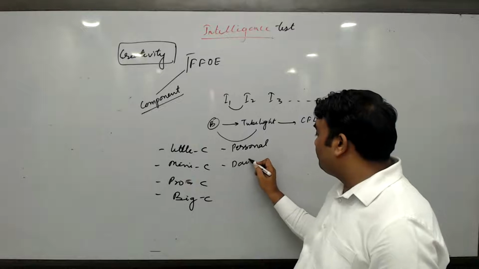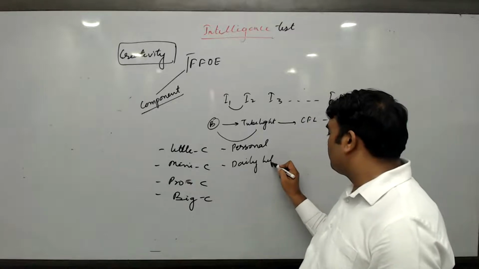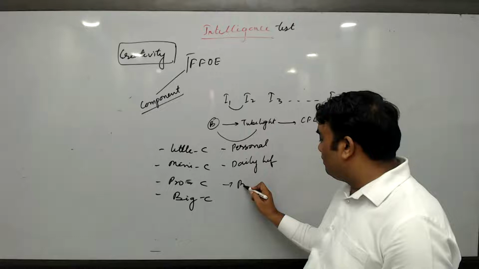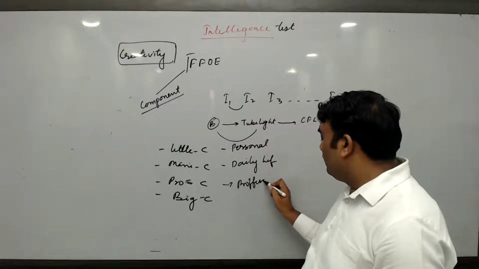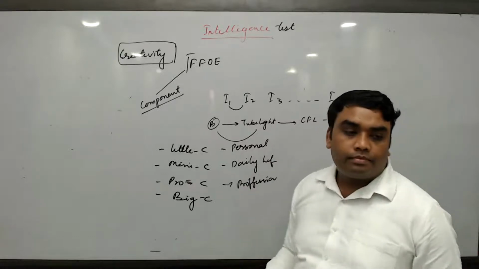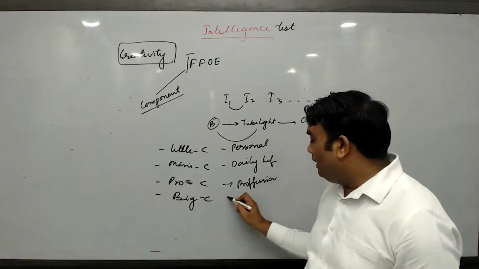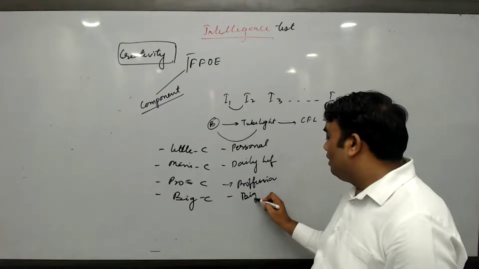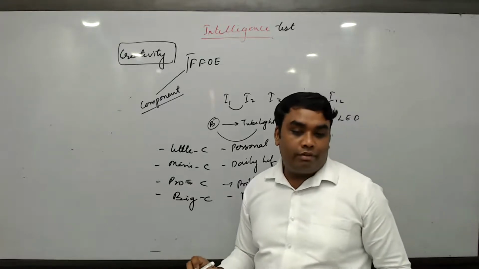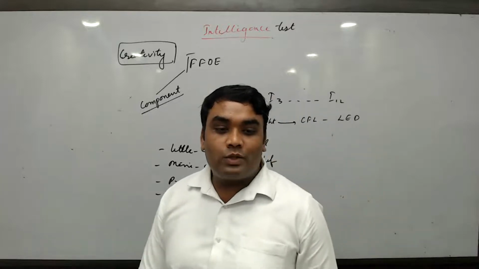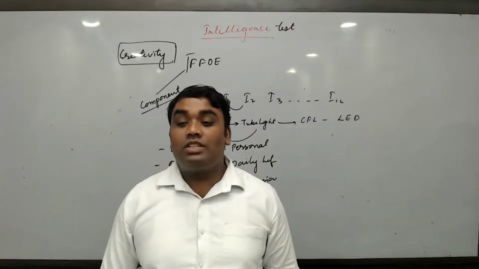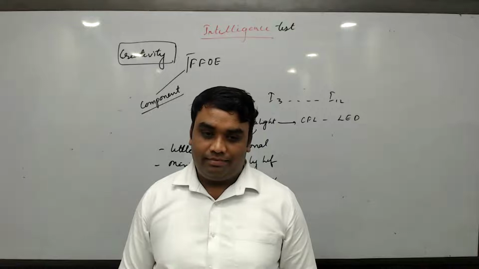Other is daily life. Pro C is related to your profession. And any big one, like the making of E equals mc squared. So this is a big creativity.